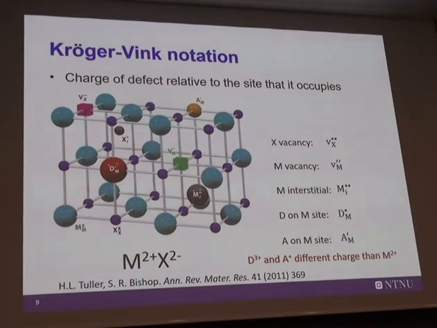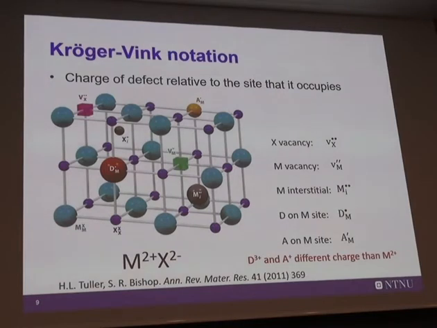And the two dots here illustrate the charge of this point defect. It's positively charged 2 times because of the relative charge of the ion in a normal situation. If you have an M vacancy, a metal vacancy, it's also given by the V on the M site, but then with 2 negative charges, because it is negatively charged relative to the ideal lattice. And if you have a Schottky defect, which I will show in a moment, you see that the sum of these gives 0 charge.